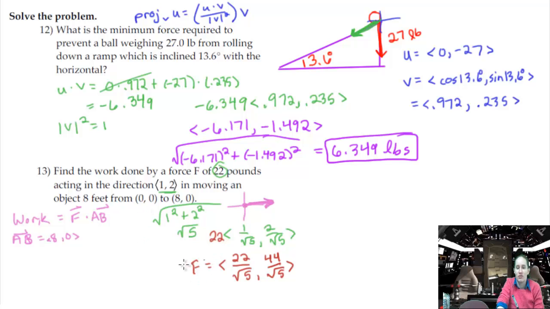That's its actual component form. So we're doing F dot AB. That's 22 over square root of 5 times 8 plus 44 over square root of 5 times 0. Well, this part's going to go away. 22 times 8 divided by the square root of 5 is 78.71.